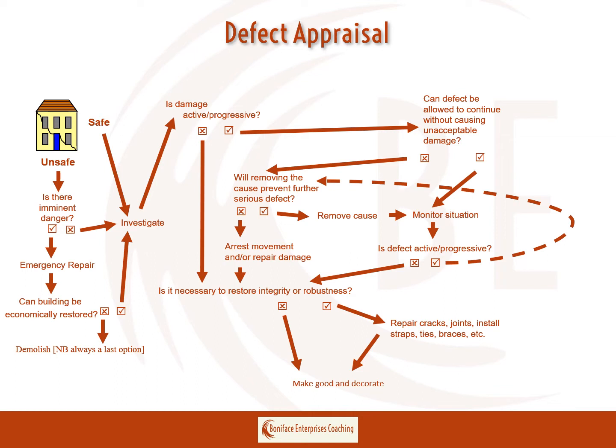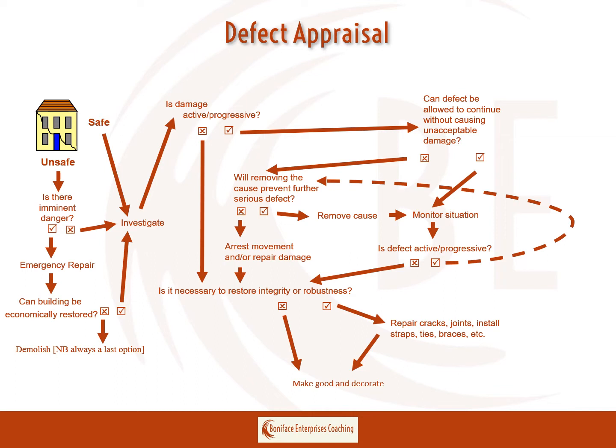However, if it turns out that there is an active problem that needs attention, we need to then think about what is causing the problem. An example here might be trees and movement to buildings. We all know that in certain subsoils a tree can extract moisture and cause subsidence under a building, therefore causing some movement.